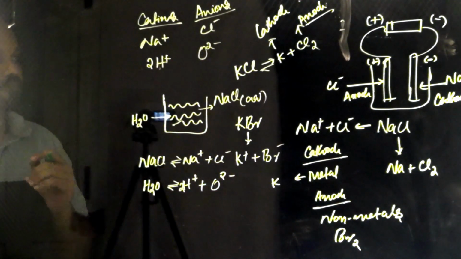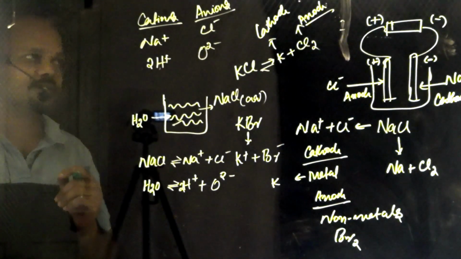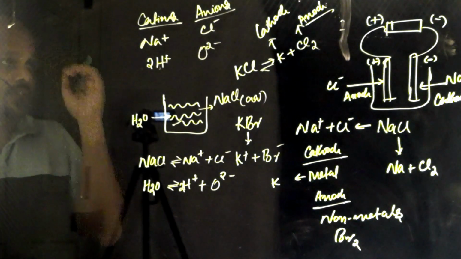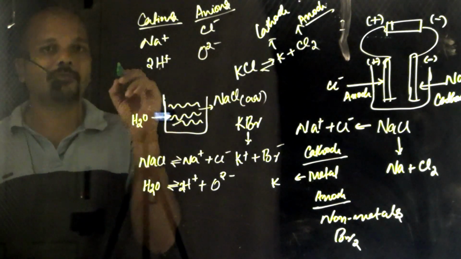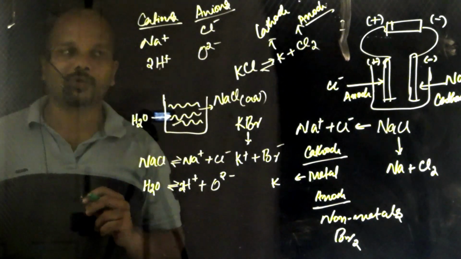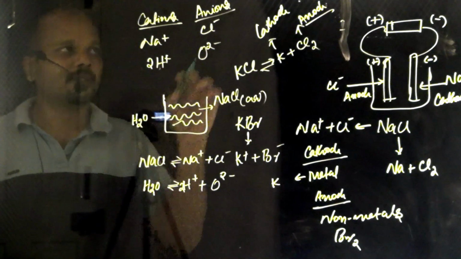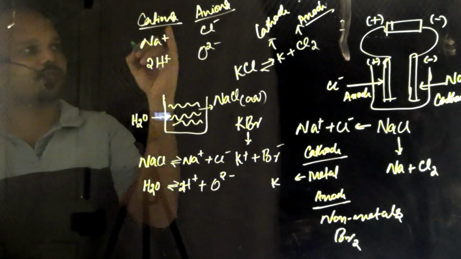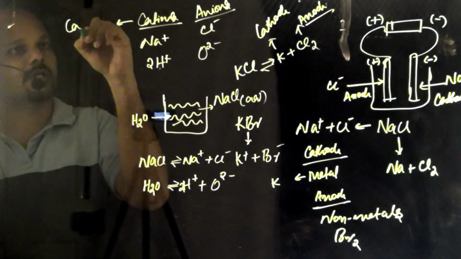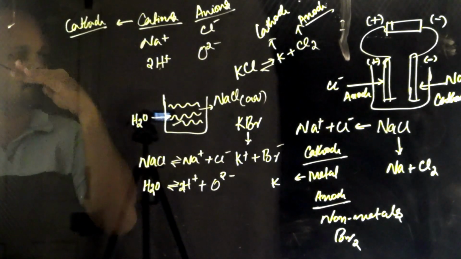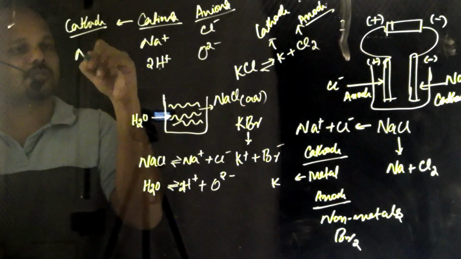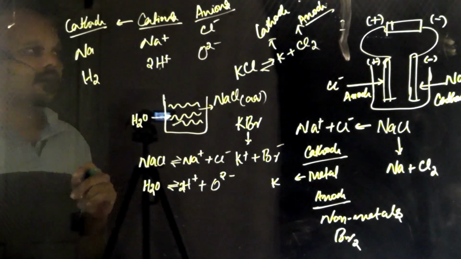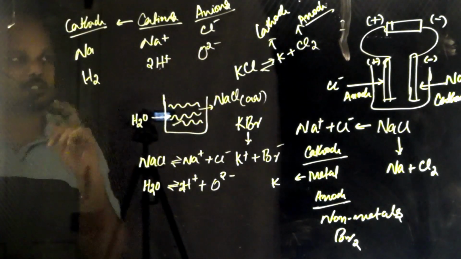So there is a probability that either of these two cations can go to the electrode, giving two possible products. Cations will go to the cathode, so let's see the possibilities. At the cathode, there is a possibility that sodium will form, and also a possibility that hydrogen will form. Anions, of course, I'll write here.